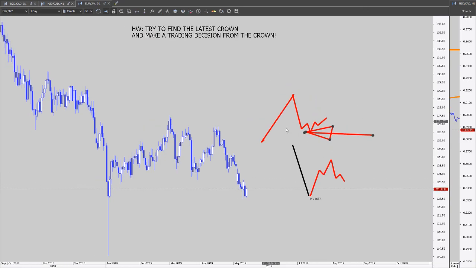Okay? Try to find the latest crown and make a trading decision from the crown. If it's going to be a crown reversal or the C of the capital Fibonacci, original one, you are going to say let's go long.